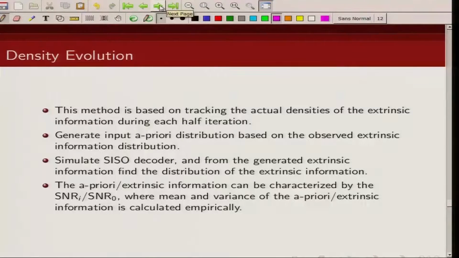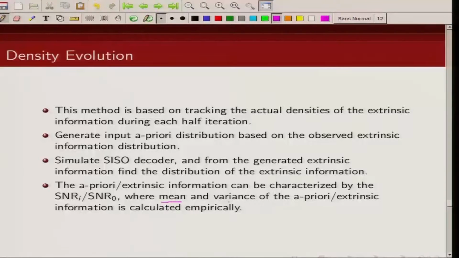And similarly, they characterized the SNR of the input distribution as well as the output distribution using mean and variance, which was empirically computed.